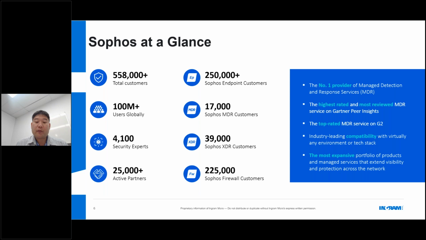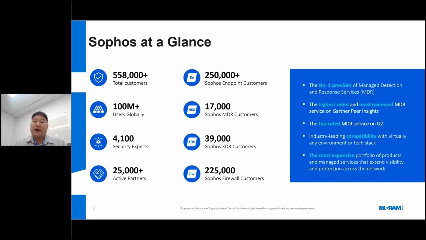If we look at the product sets from Sophos, they have a wide range of products. For the conversation today, we'll be talking more about endpoint security, which is Sophos Intercept X. Let's go to the next slide, Sean.